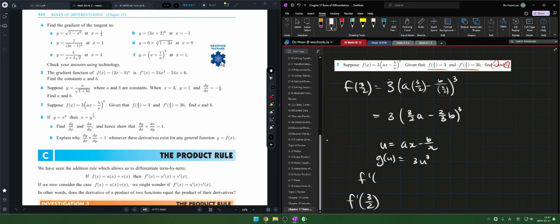Then f prime of x is going to be g prime of u, which is 9u squared, multiplied by u prime. u prime will be a minus b times x to the power of negative 1 differentiated, so it'll be a plus b times x to the power of negative 2.